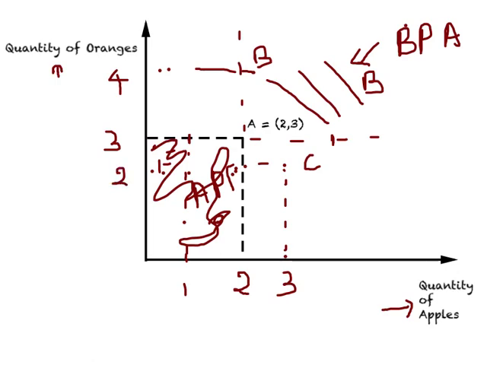Here we cannot be sure whether A will be preferred over C or C will be preferred over A. A similar thing applies to a commodity bundle, let's just write D here. And here this person has fewer apples and more oranges relative to A. Again, this person will have to tell us whether he's equally satisfied between A and D or not.